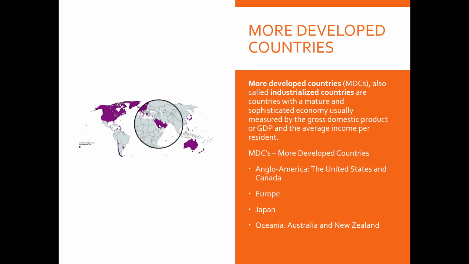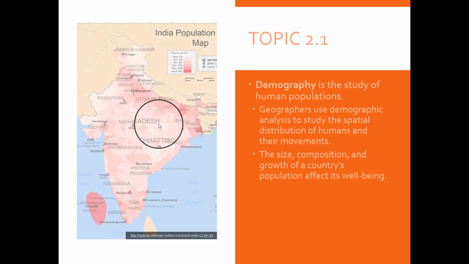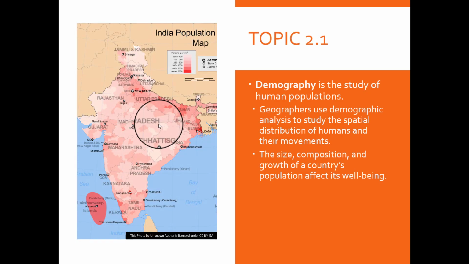All right, so let's continue. Demography is the study of human populations. Basically geographers use this information on demographic analysis to study the distribution of humans over the earth and how we move as well.